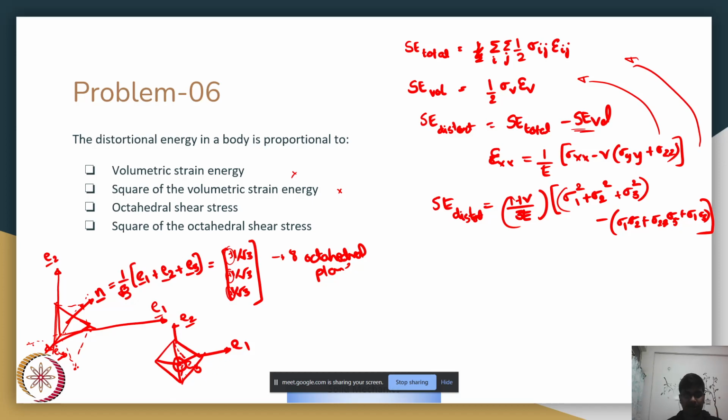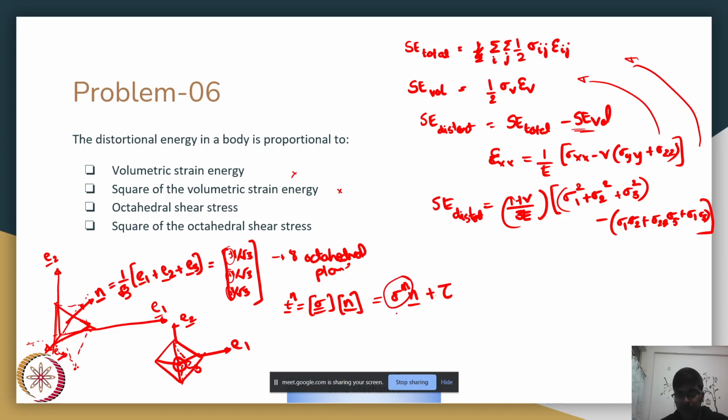Again, octa is there in the word itself, and you want to look at what happens to the shear stress, and you want to look at both the shear and normal stresses here. So if you remember, traction on a plane is nothing but sigma into n, where n is the plane normal, and this you can rewrite as sigma n and tau.